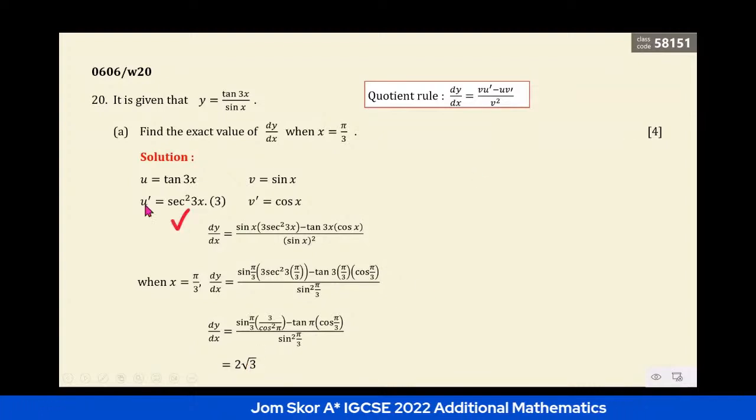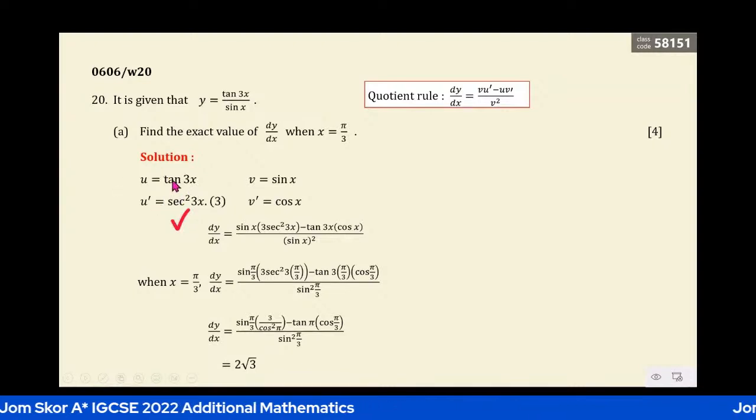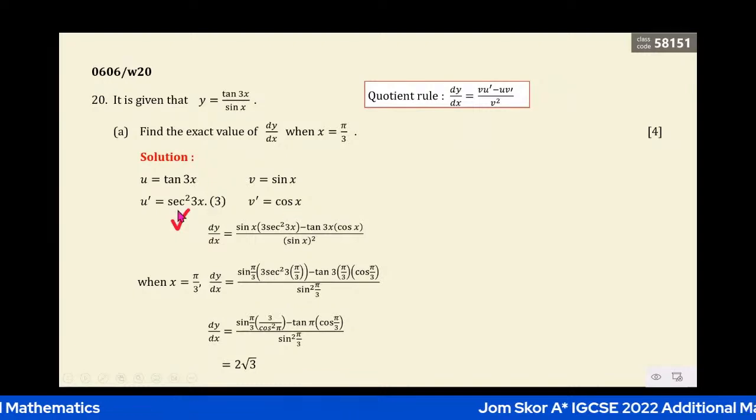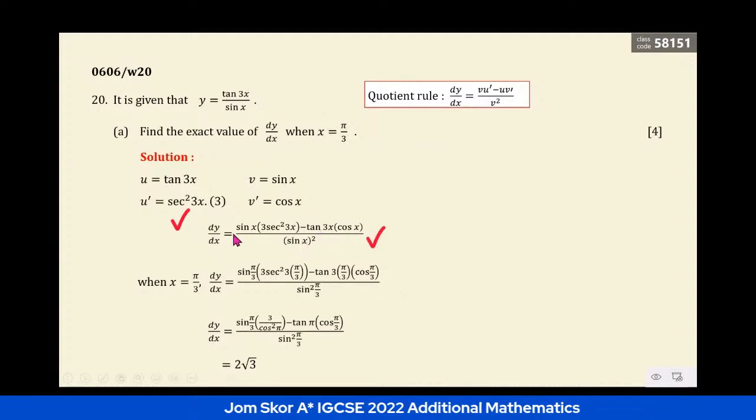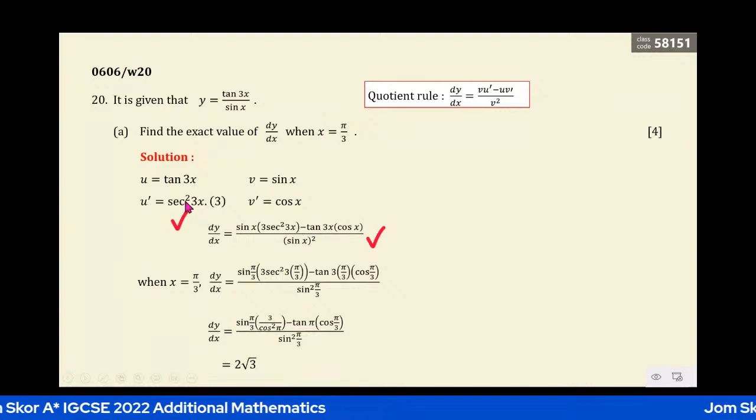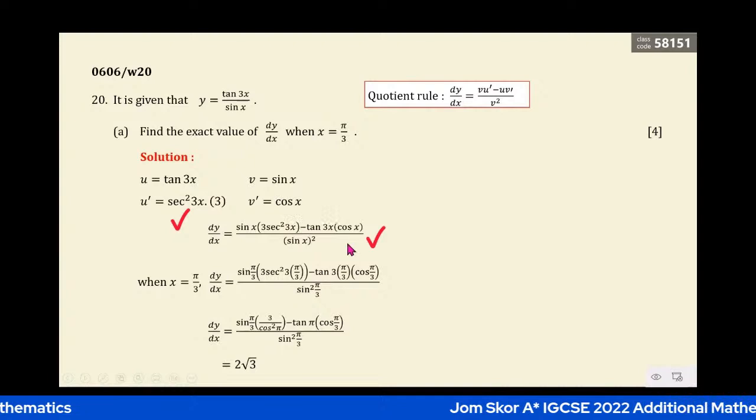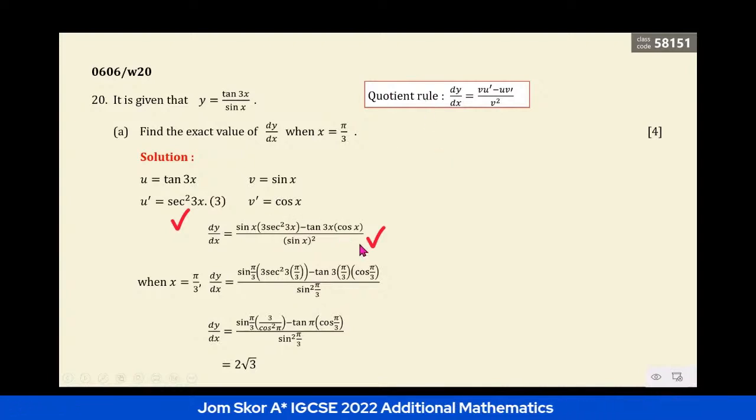First is for differentiate your tangent correctly. Yang ni tak adalah. Okay. Differentiate your tangent correctly. And then second mark is when you use quotient rule. Salah pun tak apa. Okay, kalau katalah kat sini salah ataupun sin x tiba-tiba dapat negative cos x ke, masuk je kat sini salah. As long as you use quotient rule, you will get 1 mark.